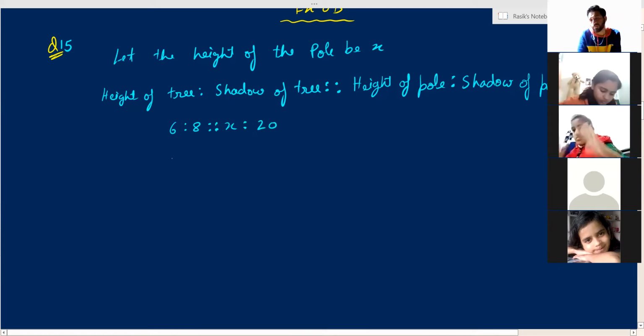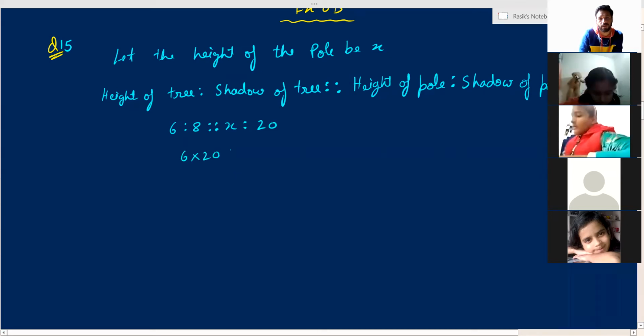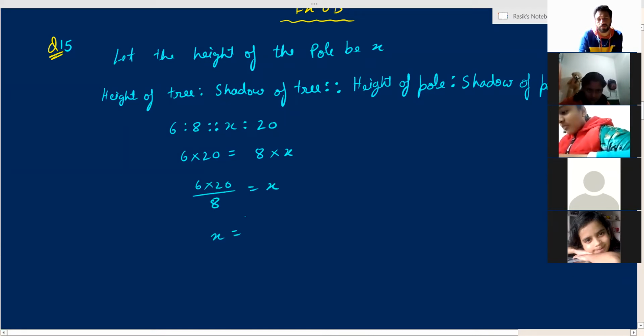So just putting the values. Okay. Product of extremes 6 into 20 equals to product of means 8 into x. 6 into 20 upon 8 is equal to x. X is equal to, simplify this, 15 meters. Answer.